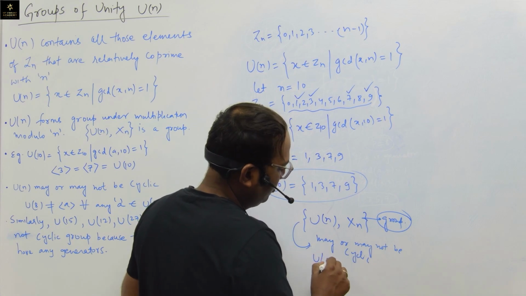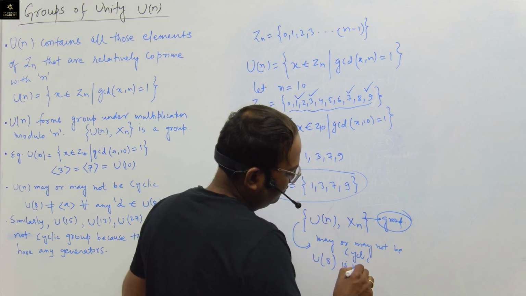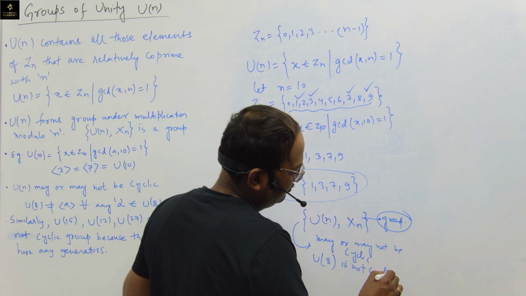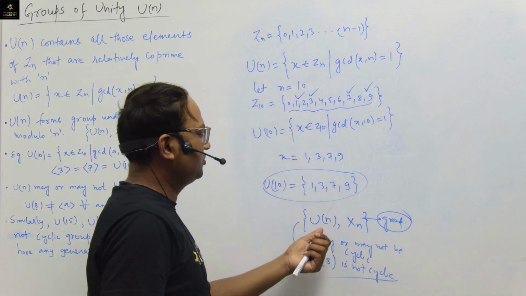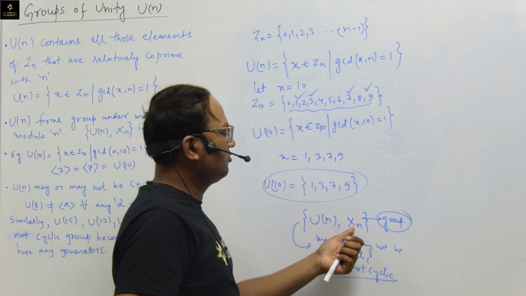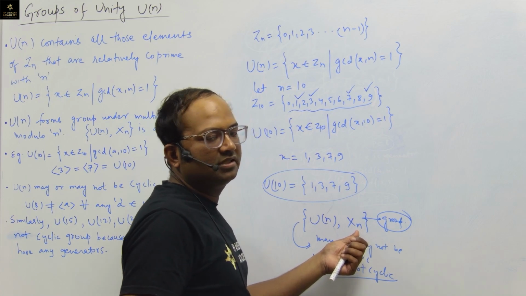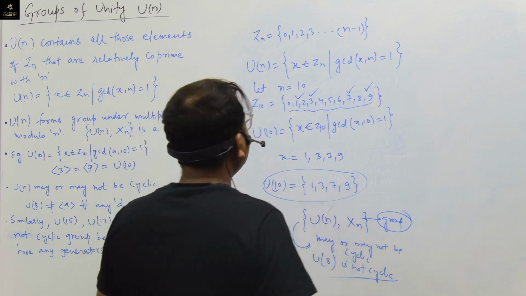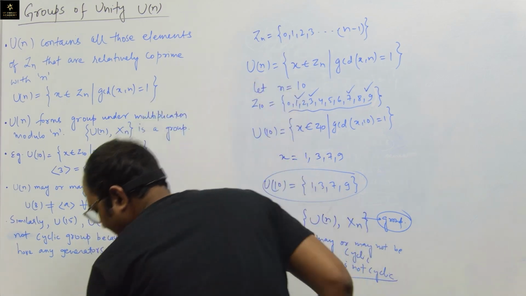Like U8 is not cyclic. So this Un under multiplication modulo n can be cyclic or it cannot be cyclic. Okay, now let us move further.